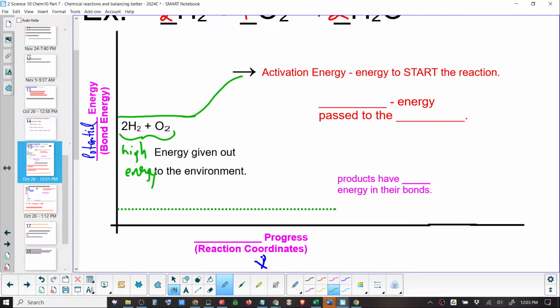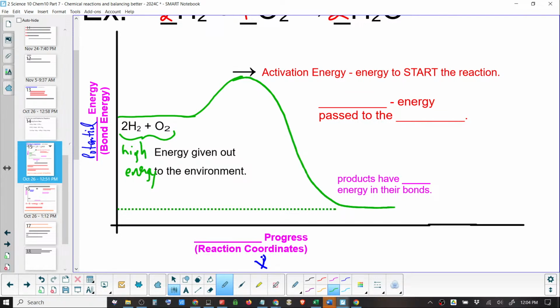I introduced this last day with the gummy bear. What did I need to do to the gummy bear to get that reaction to go? You need to heat the flask, because otherwise it wouldn't have the amount of energy to get over the energy barrier needed to form new bonds. And then it comes all the way down.